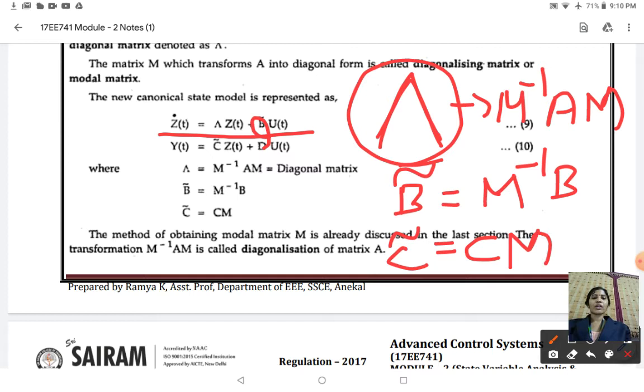So if you are asked to diagonalize, you need to identify all these matrices and substitute them in your modified form of the state equation and output equation. And this is called your diagonalization.